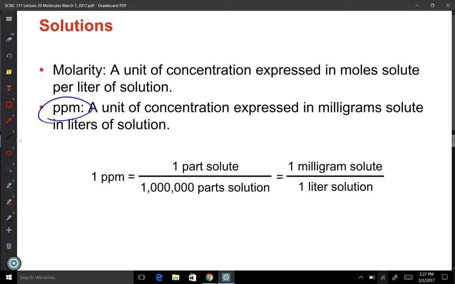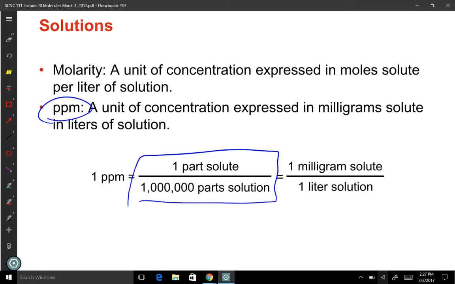What does ppm stand for? People per market. Hey, 33% right there. The middle P is per. It's parts per million. This part here is exactly right. 1 part solute per 1 million part solution is 1 part per million.